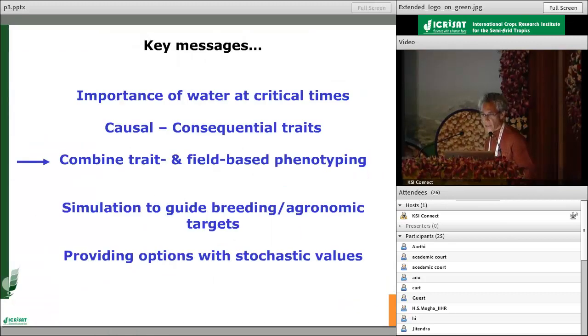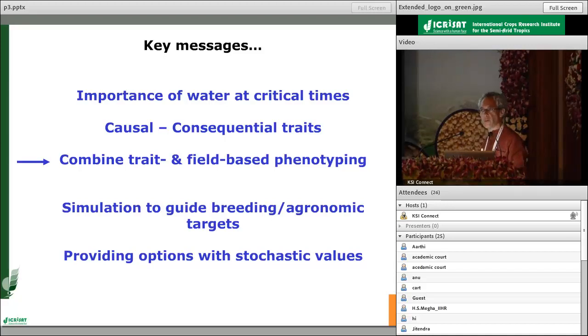So, last slide on the key messages. We understand that for drought, adapting to water limitation, it's important to manage water in the seedings on the floor. That's where we came to realize the importance of distinguishing between cause and consequence of traits. And that's essential when we talk about a push for field phenotyping.